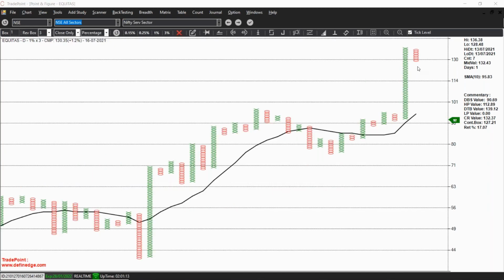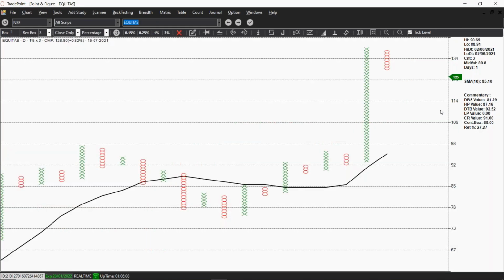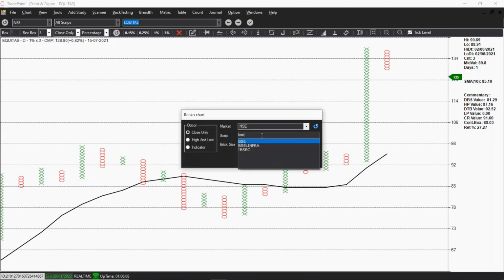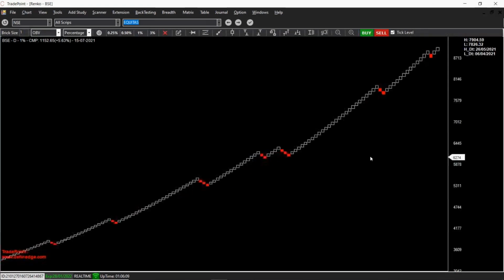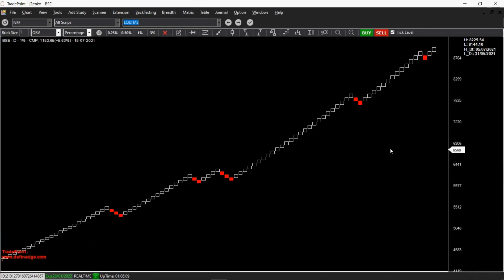When you see a price chart and OBV point and figure, you can also read divergences, right? When price is bearish but OBV is in a bullish column, that means it's a bullish divergence. And if price is bullish but OBV is in a bearish column, that means it's a bearish divergence. And you can also do that on a Renko chart. For example, you can select the indicator, select OBV and plot a Renko chart of OBV.